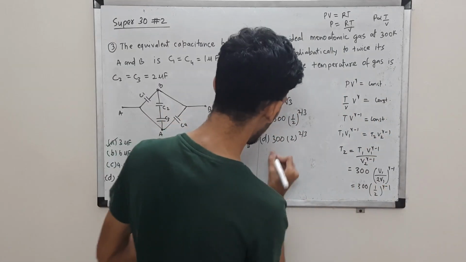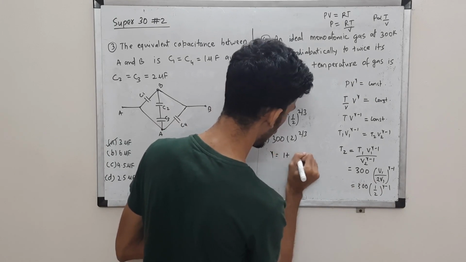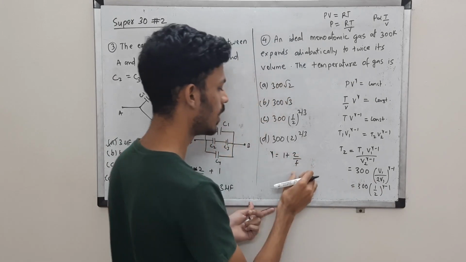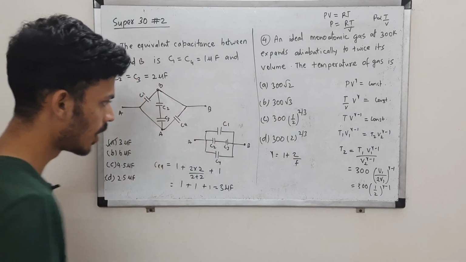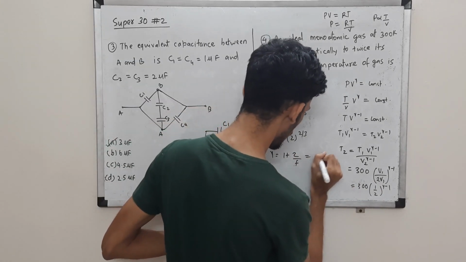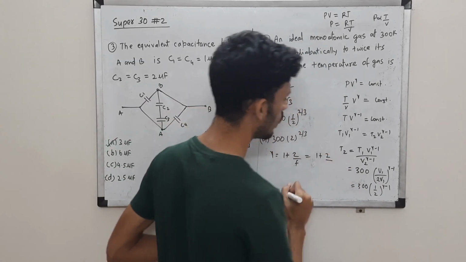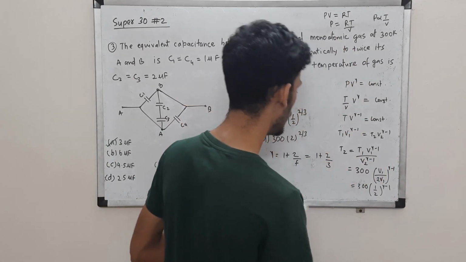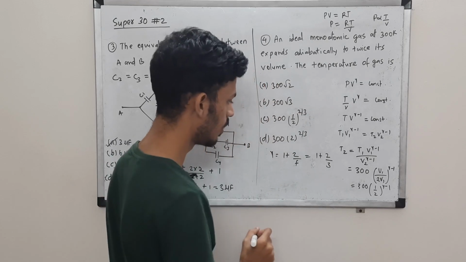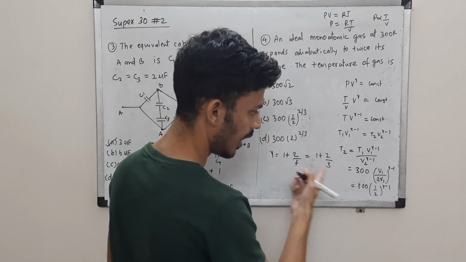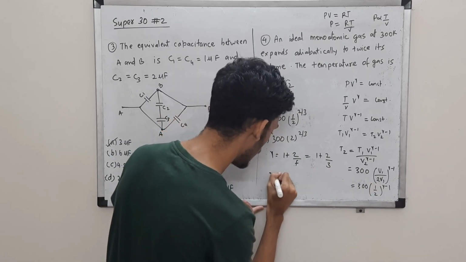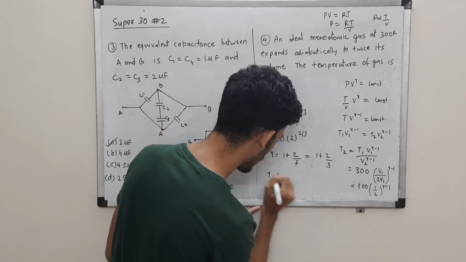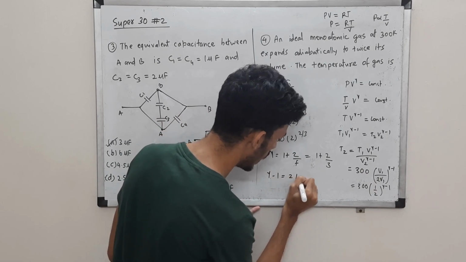So we'll also get the value of gamma for monoatomic gas. In terms of degrees of freedom, you can write gamma is 1 plus 2 by f. So this will give us 1 plus 2, and degrees of freedom for a monoatomic gas are x, y, z, right? 3. So 1 plus 2 third. So instead of adding and subtracting over here, I can directly write gamma minus 1 as 2 third.